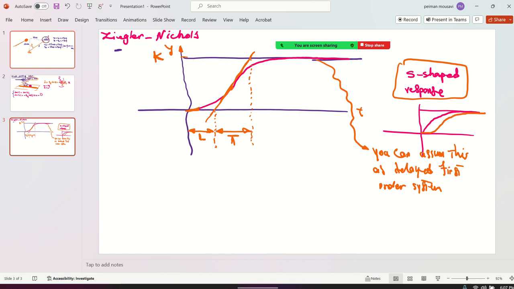You want a set point, that's right, set point. By saying that, you can say output over U can be modeled as K e to the minus LS divided by TS plus 1.